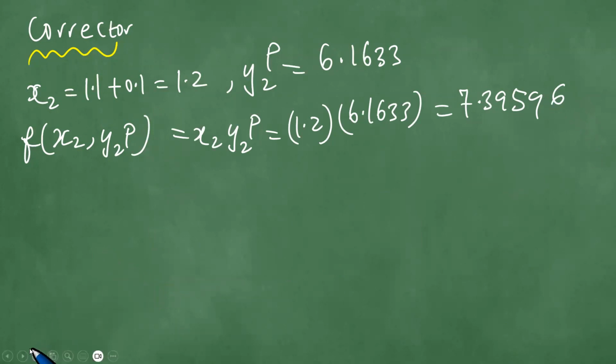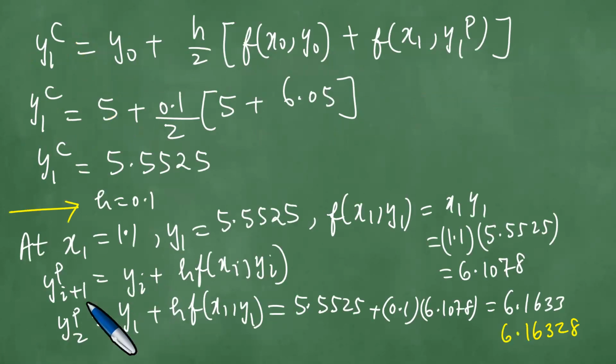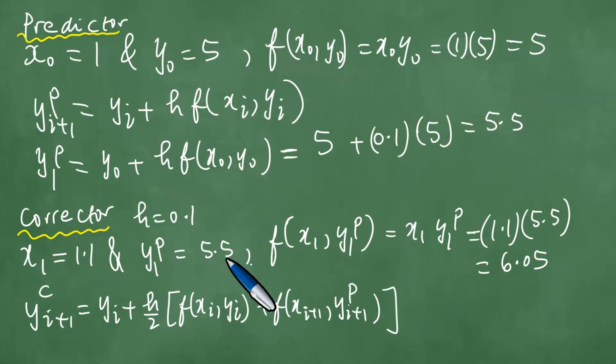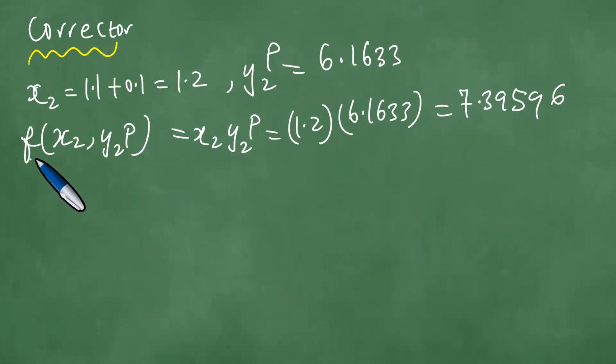And then this is what we have. So let's just check how far. For the corrector part, we've already got this product now, and then we must just use this formula, the corrector formula. So what is the corrector formula?